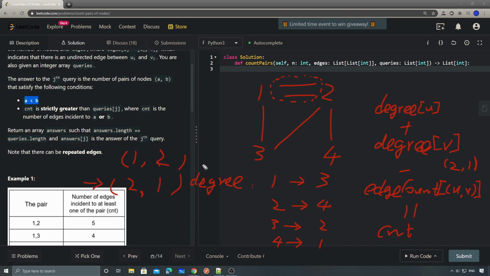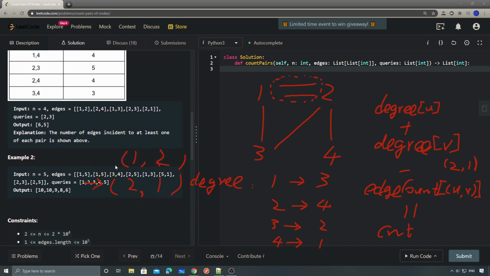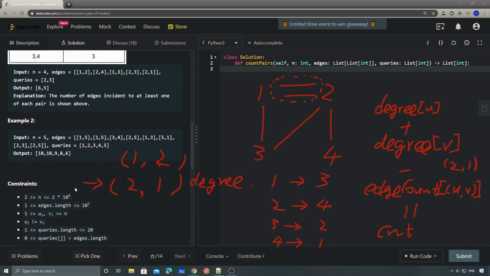So basically, first we figure out how to calculate this count, and then with this kind of formula, given 2 nodes, we can know whether this pair is a candidate, right? It's part of the count. Then the next question is how can we solve these kinds of queries?